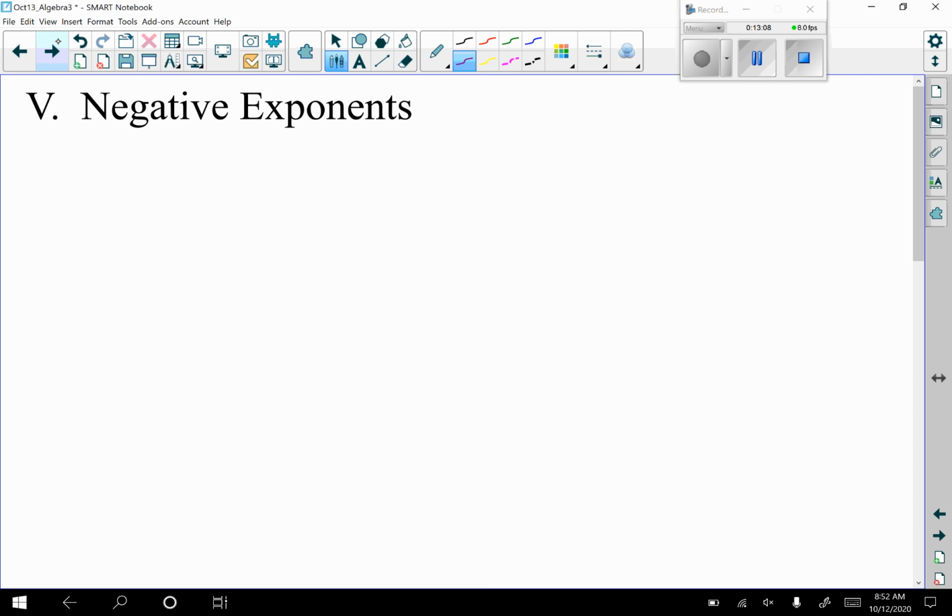All right, so let's take a look at negative exponents. Let's say we had x to the negative 4th. I don't know if you guys remember that this becomes 1 over x to the 4th. So negative exponents means just to flip the power or to take the reciprocal. So let's practice some of these. And it really comes from this type of a problem.